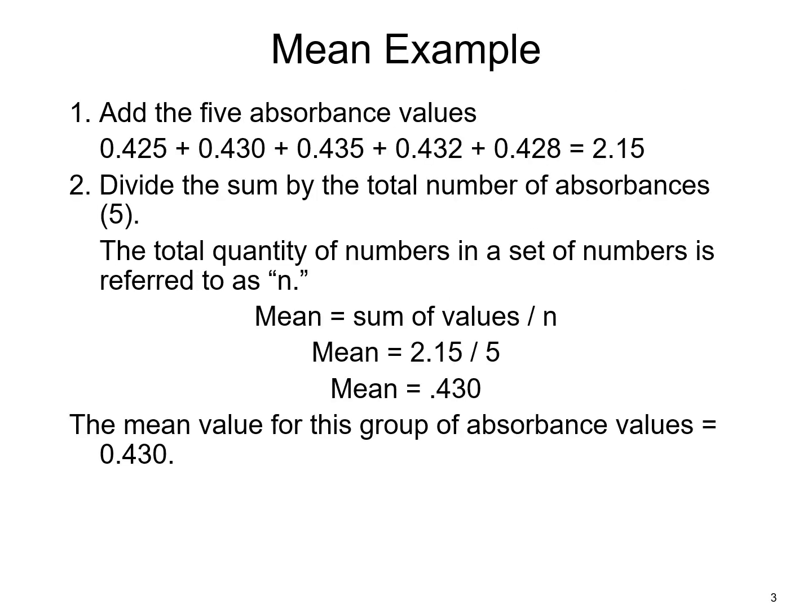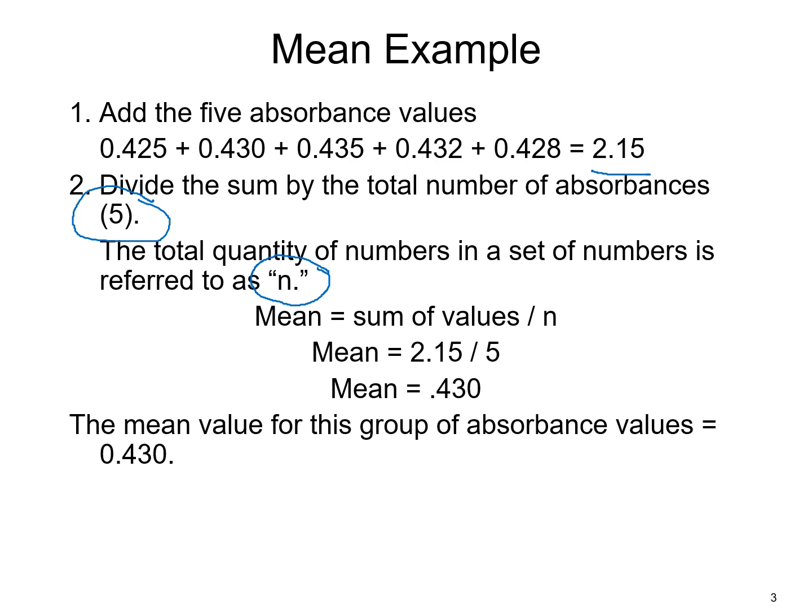In order to determine the mean or average of these values, we'll first need to add all of those values up. That gives us a total of 2.15, and then we divide 2.15 by the total number of values, so we have 5, and that number is represented by n. That's the number of values.